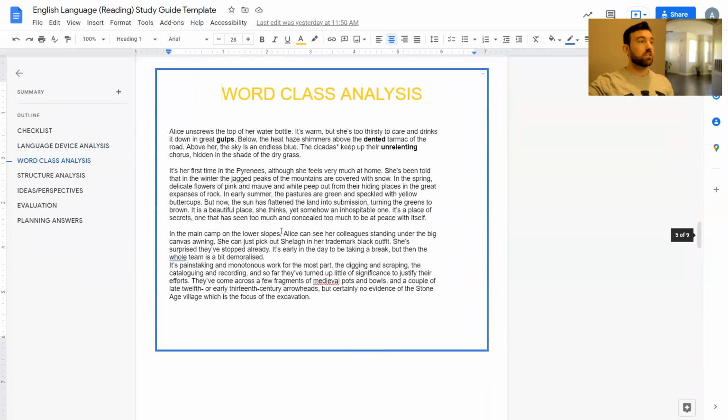So let's get started. I've picked a piece that was the GCSE extract for paper 1 of AQA about 4 years ago now. Wow, time flies. But it's about this girl called Alice. Alice is on an archaeological dig in France, and she makes this big discovery.